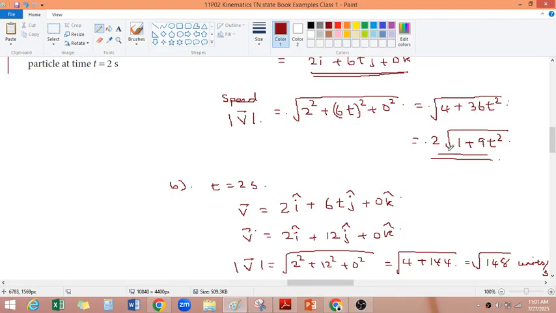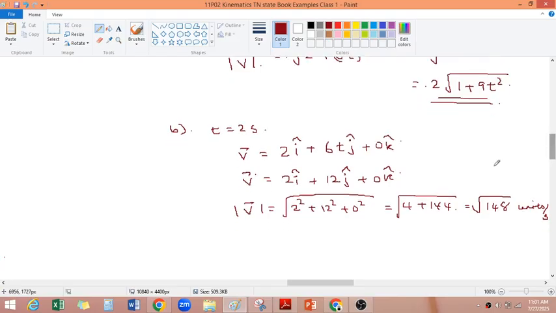Even if I substitute 2 here, I should get the same answer. So 4 nines are 36, 37.